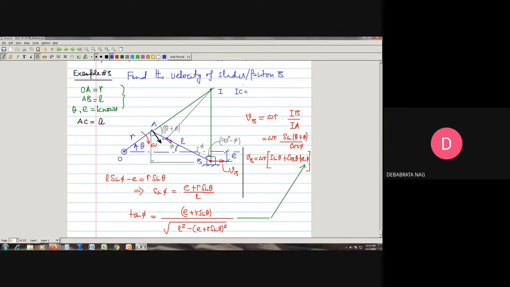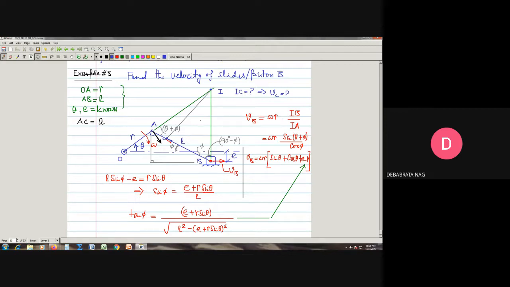So once IC is calculated using the cosine rule, we can find the velocity of point C. So we can find out the velocity of any point on the link AB for that matter.